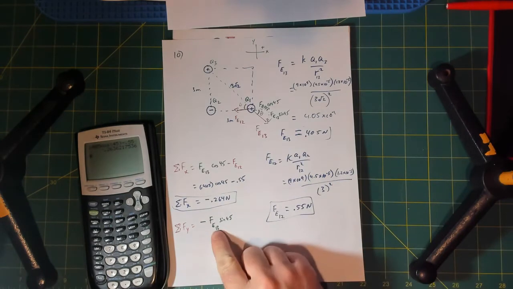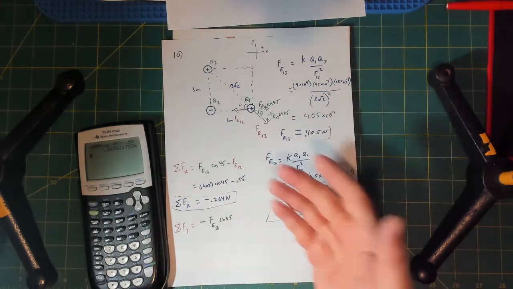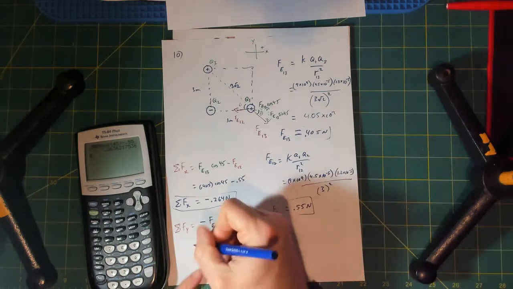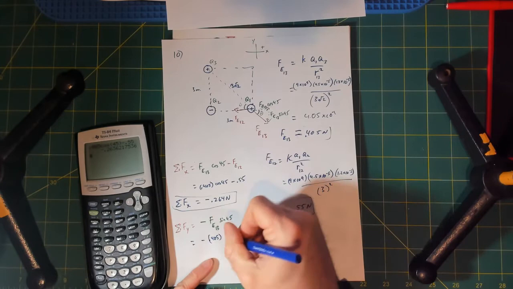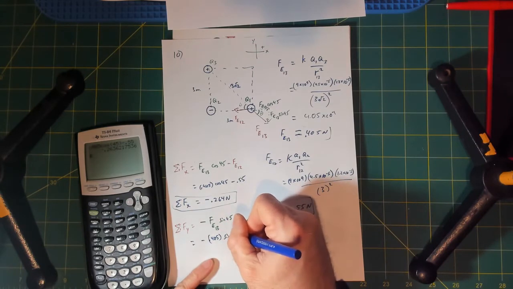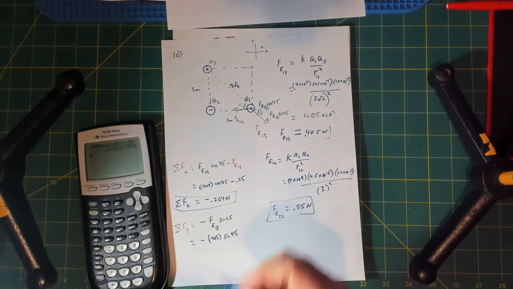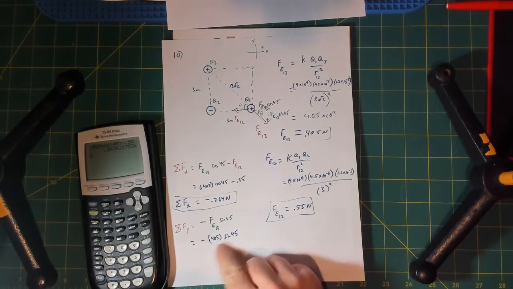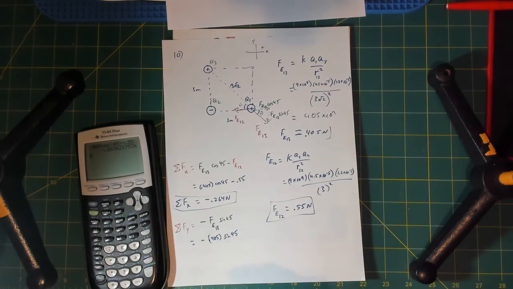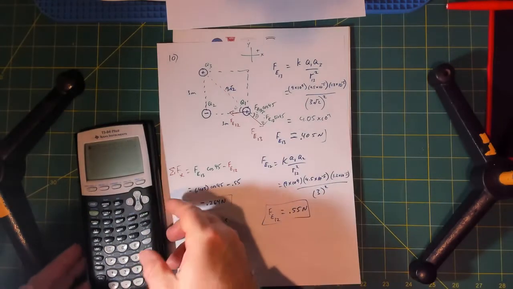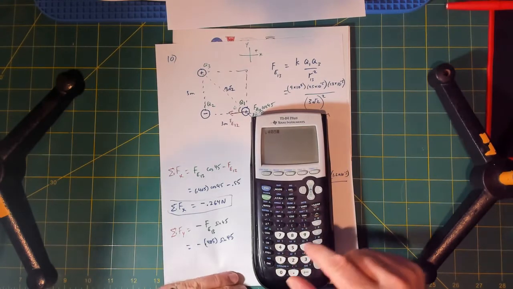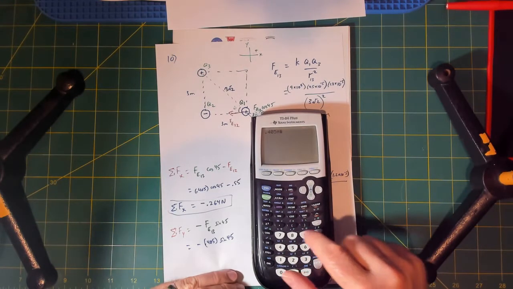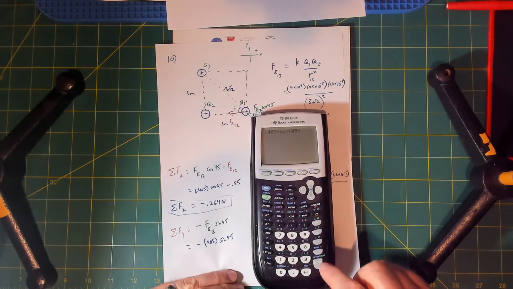Conveniently, Fe13 we solved for over here. We're ready to just go ahead and plug in our value for the force and solve for that. If I go ahead and do that in my calculator, I'll be taking 0.405 times the sine of 45 degrees.